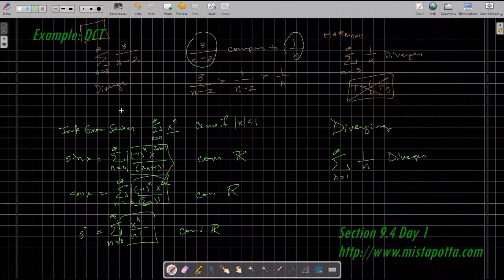Now, these are just two tests that we have to see if a sequence converges or diverges. And today's lesson really has emphasized the idea of finding a divergent series.